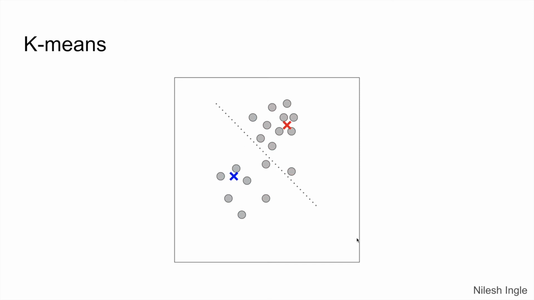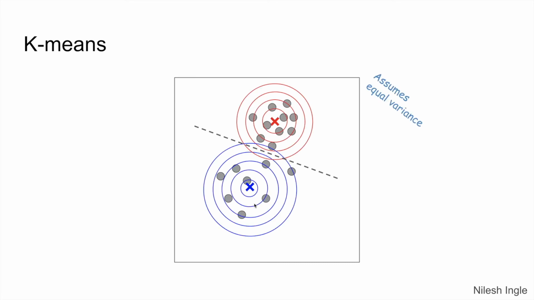Again, we can draw a perpendicular bisector, or we can find the distance of each of these points from the x's, and based on which x each of these circles is closest to, we can assign them to that group. So these become red, these become blue, and so finally we would have found the clusters, which would be these clusters. And in the case of k-means, there is an assumption that both the clusters have equal variances.